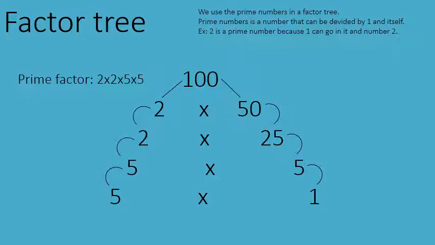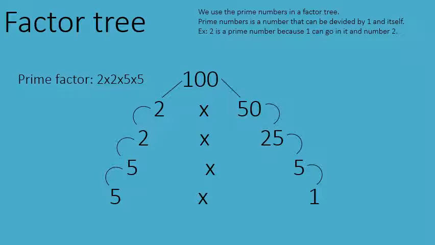So if we do the tree, we start with the highest number. Then we divide it with 2. And then you will see we get 50 because 2 times 50 gives us 100. So then we divide it again with 2. 2 times 25 gives us 50. 3 can't go into 25 and 3 is also a prime number.